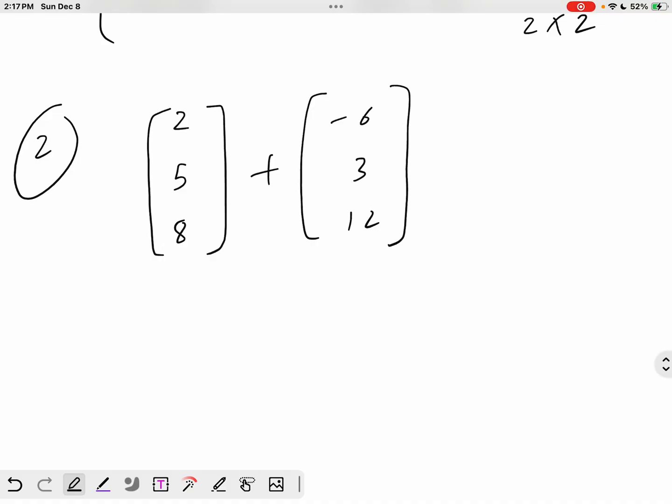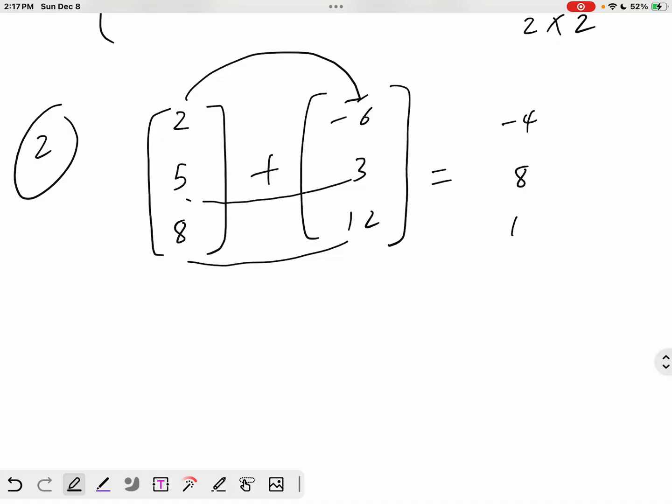They have equal dimensions, so it is possible. Add the corresponding elements: 2 plus -6 is -4, 5 plus 3 is 8, and 12 plus 8 is 20.